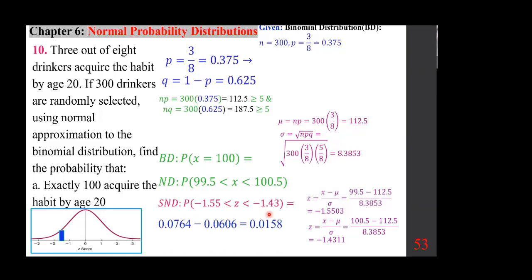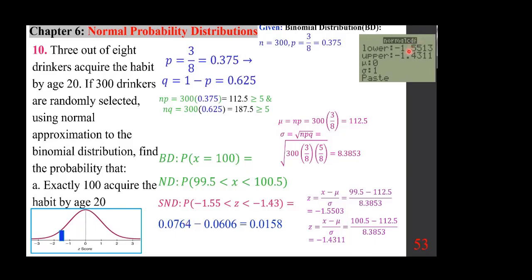Looking up the table, we get 0.0158. We have to subtract one value from the other. So when we are approximating by binomial distribution, we use those transformations. Now, let's look at it from a calculator point of view.